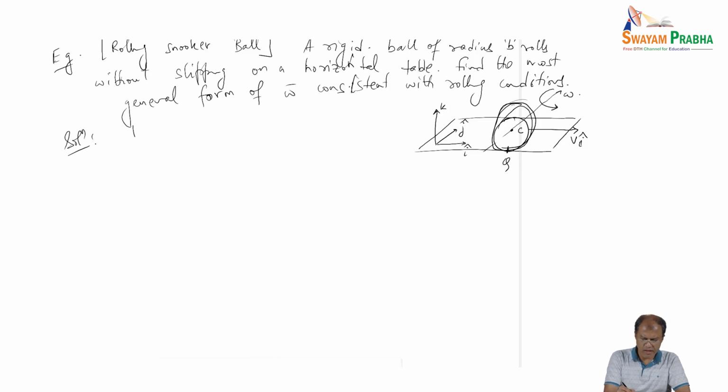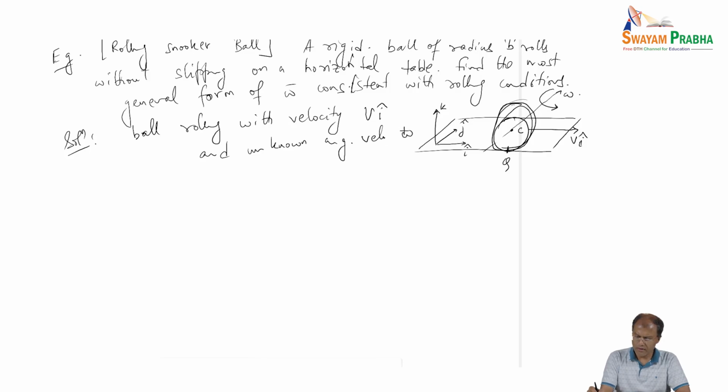The ball is rolling with velocity V of I and unknown angular velocity omega. We are going to take the center of the ball as C.